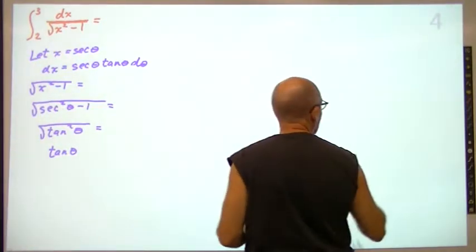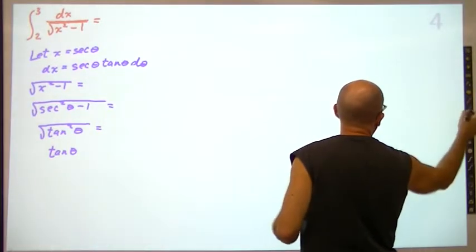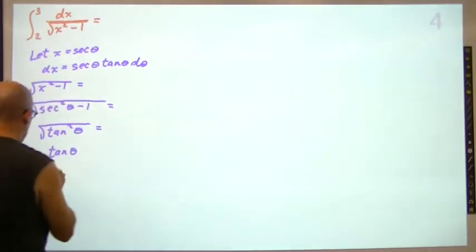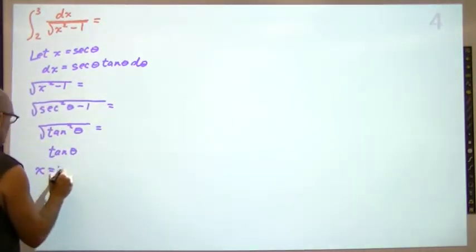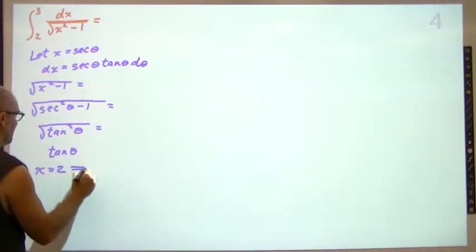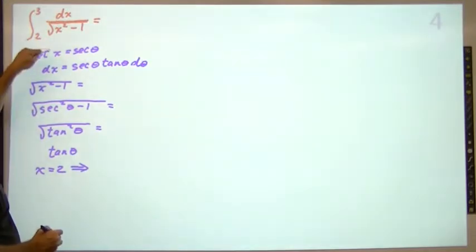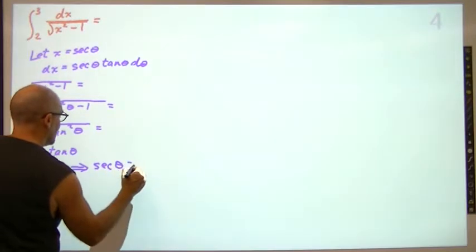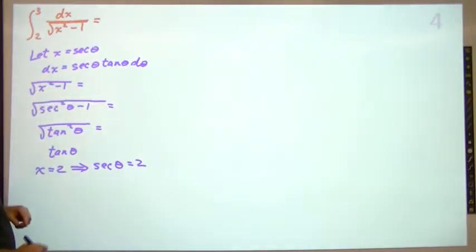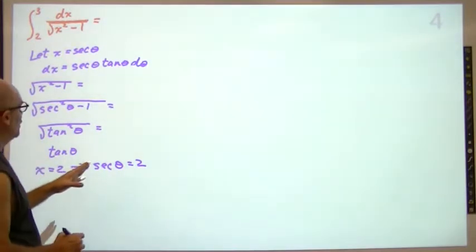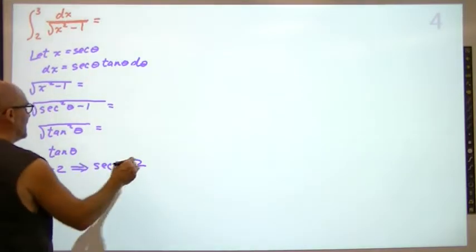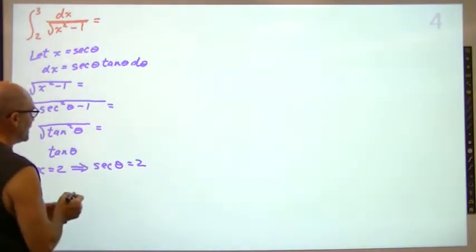Now, if x equals 2, then we know that secant theta equals 2, and so the theta that we're using is going to be the inverse secant of 2.